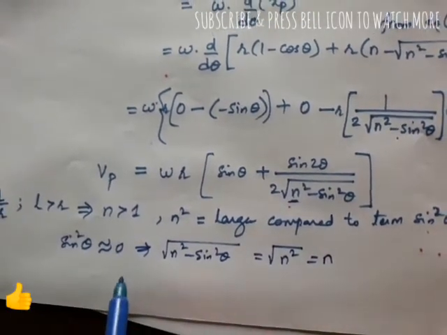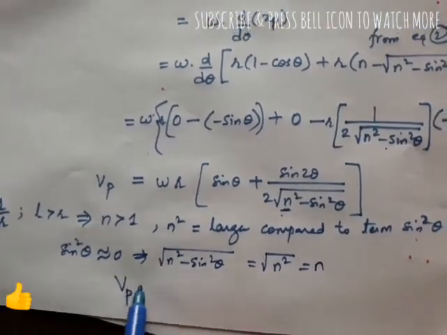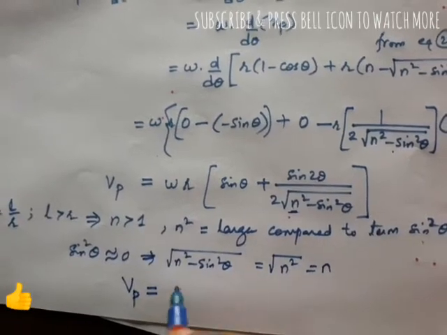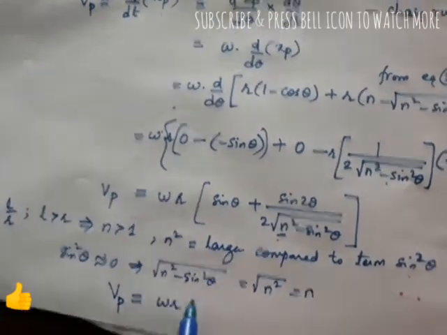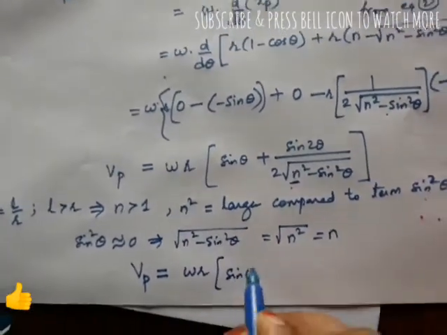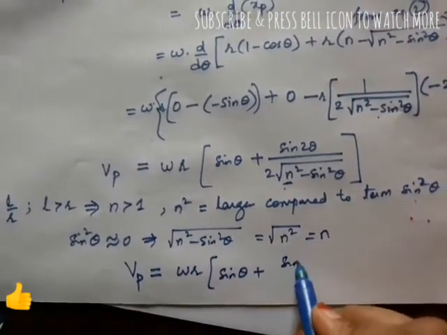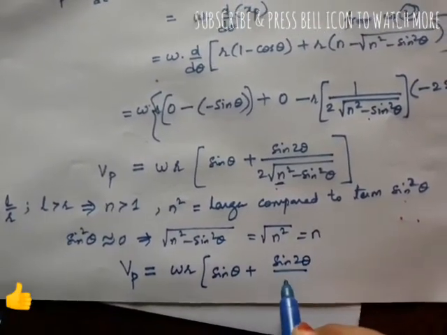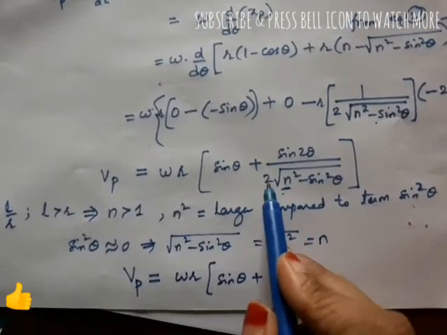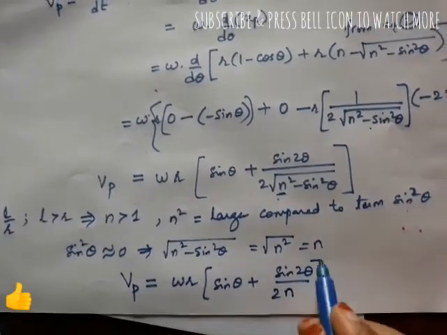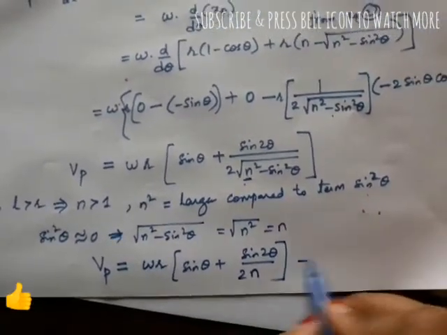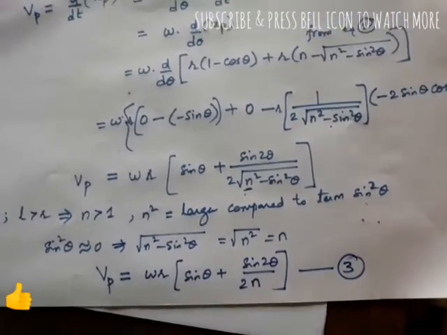So this will further simplify our expression for velocity of piston as omega r into sin theta plus sin 2 theta by small n into 2. Let this be equation number 3. This is the velocity of piston.